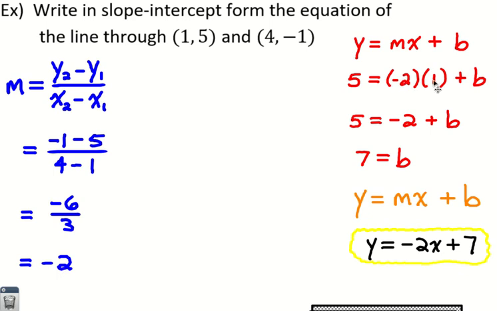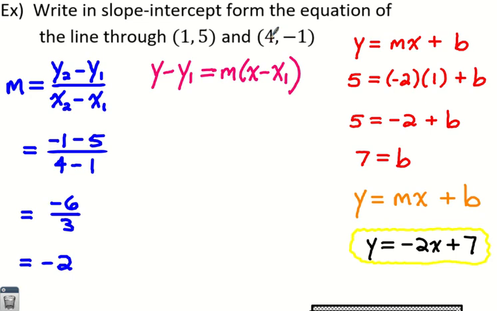And as far as what we would plug in for x and y, you can choose either point. Doesn't matter. You could have picked (4, -1) to plug in, or you could pick (1, 5) for your x1, y1.